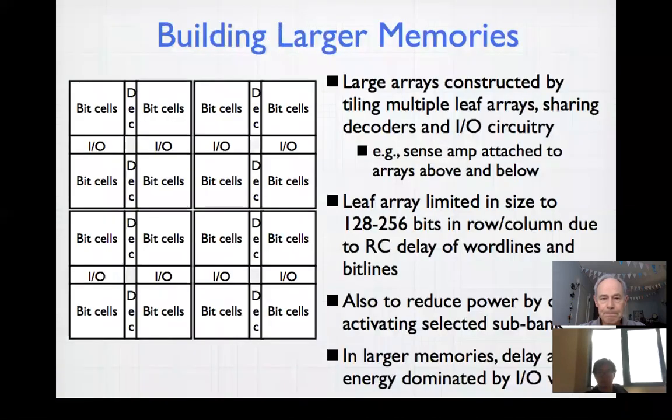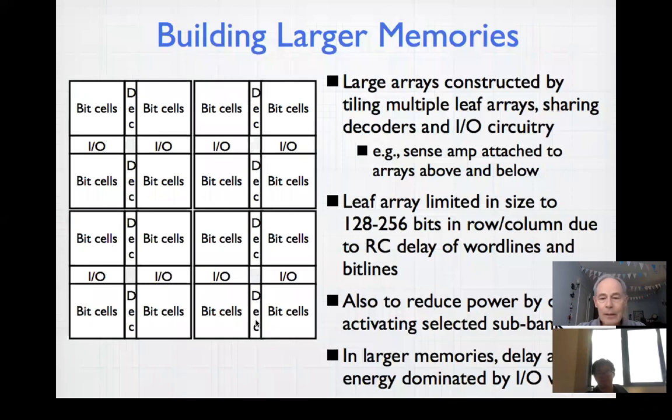So here's just one basic idea. If we're going to design a large memory, you do something like this. We could have different subarrays of bit cells, right, with periphery circuits interspersed. For instance, the sense amps could be here, and decoders could be here.